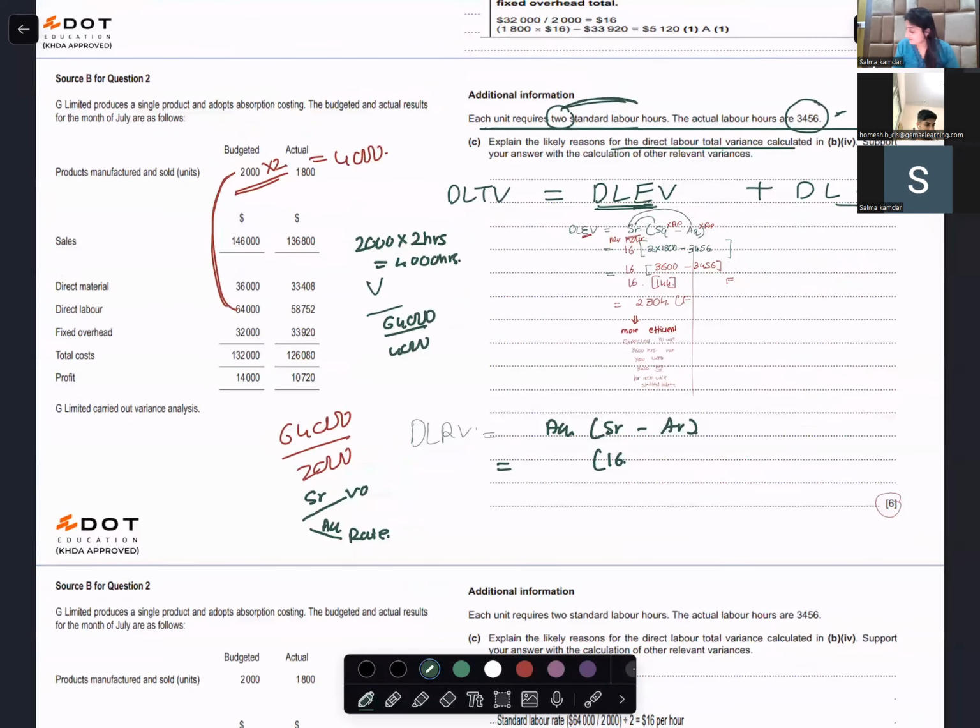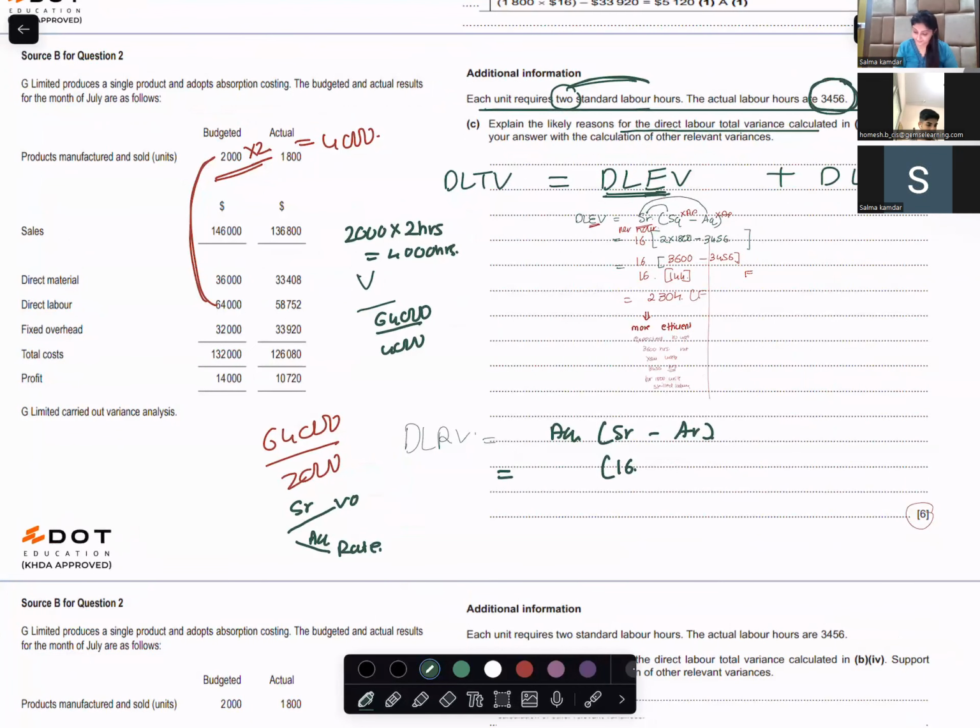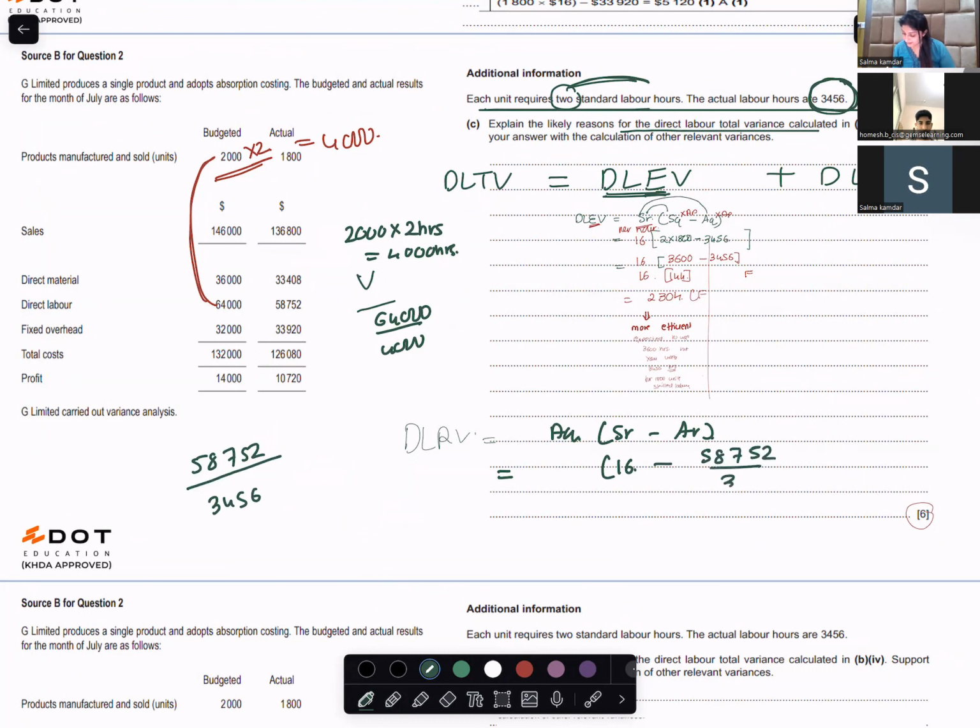Actual number of labor hours is 3,456. So it is 58,752 divided by 3,456, which gives us 17.